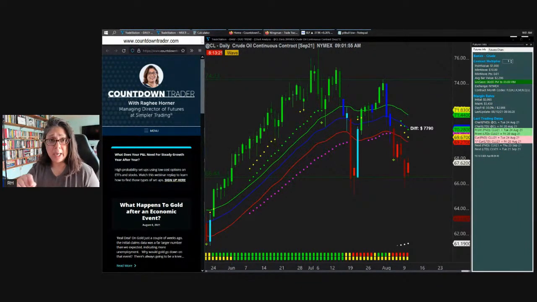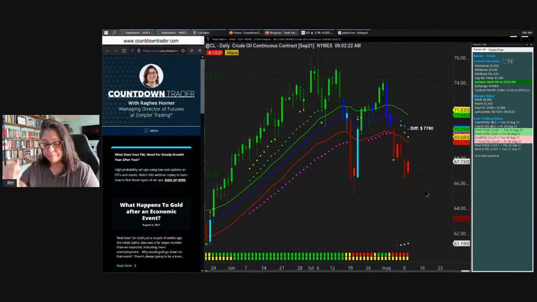So in this case, the CLU 21 contract. CL is the full-size crude oil, U stands for September, logically, and 21 stands for 2021, the year. So we're trading the September contract of full-size crude.